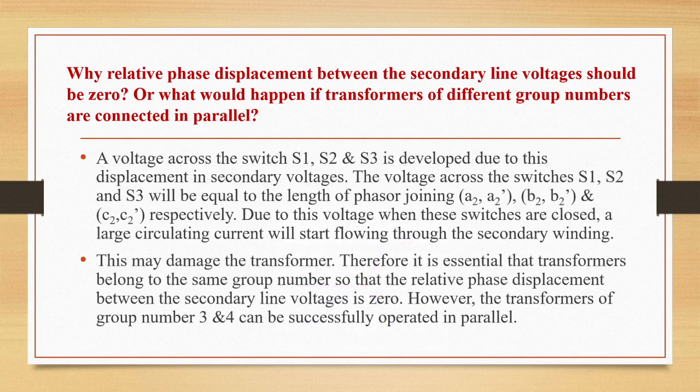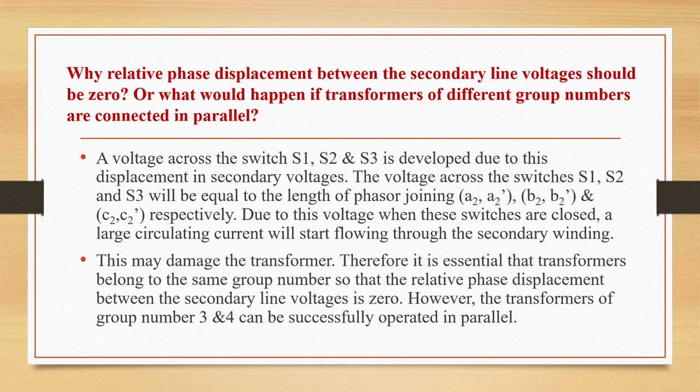Voltage across switches S1, S2, S3 will be developed due to this displacement in secondary voltages. Voltage across switches S1, S2 and S3 will be equal to the length of phasor joining A2, A2 dash, B2, B2 dash and C2, C2 dash respectively. Due to this voltage, when these switches are closed, a large circulating current will start flowing through the secondary winding, and this can damage the transformer.